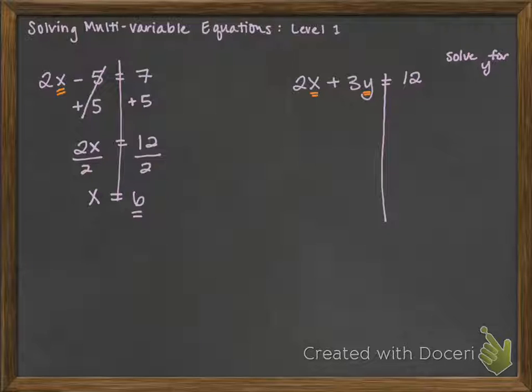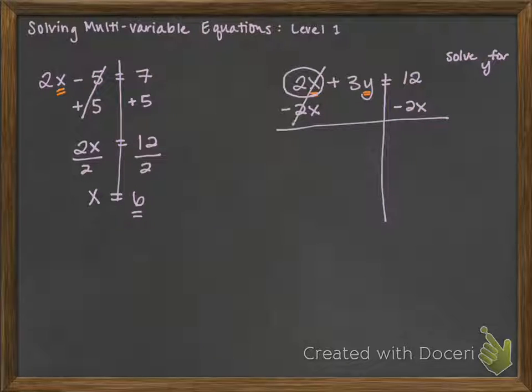So just like we did on the last problem, we want to look to see if there's anything we can add or subtract to the other side to get this y variable all by itself. So I do have this term right here, this 2x term, that I can bring to the other side. Because it's currently a positive 2x, I'm going to want to subtract 2x from both sides of my equation.